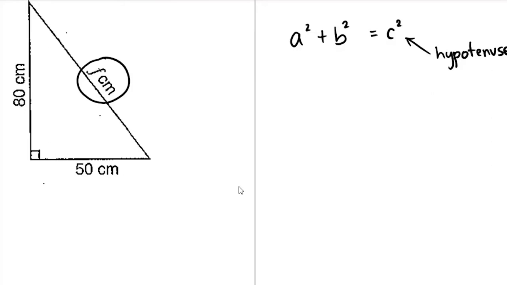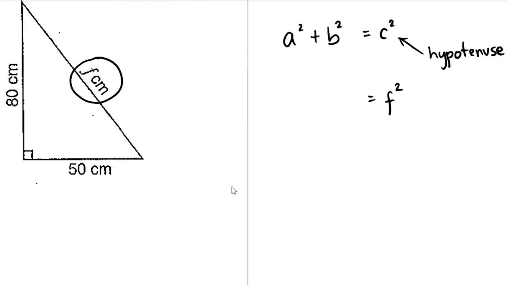In this case, f squared will act as c squared. And I'm going to put these two sides as a and b. So a would be 50 squared and b would be 80 squared.